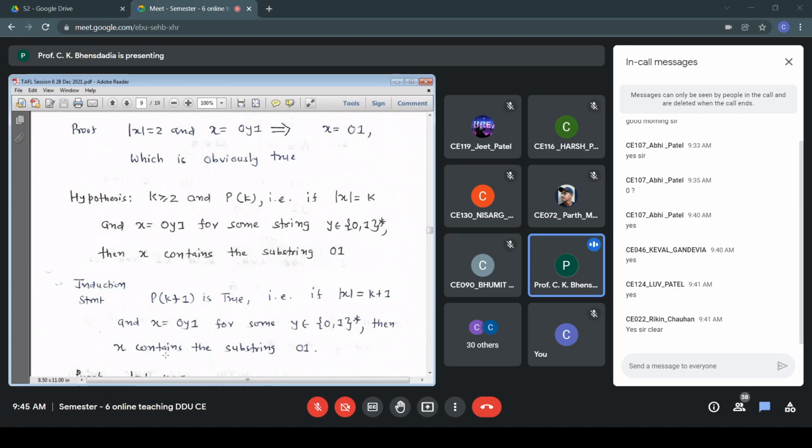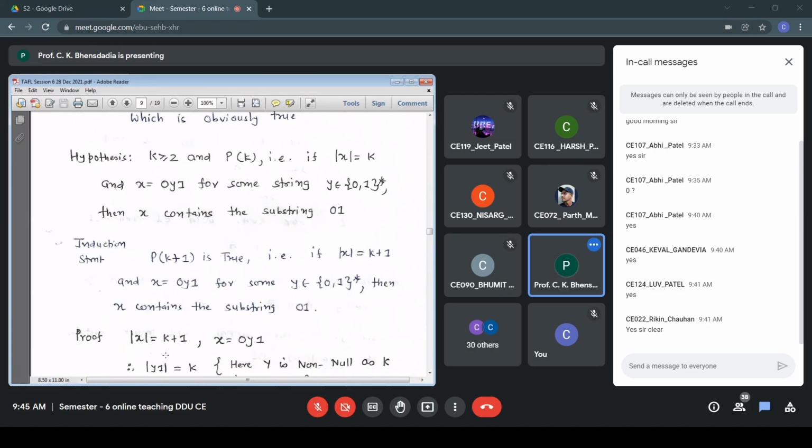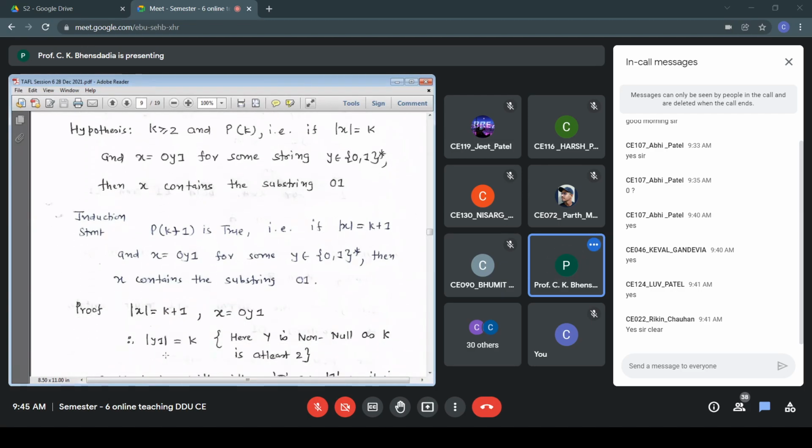Now the proof. Length of x is equal to k plus 1 and x equal to 0 y1, which means length of y1 is k. This is observation number 1. Length of x is given to be k plus 1 and x equal to 0 y1.